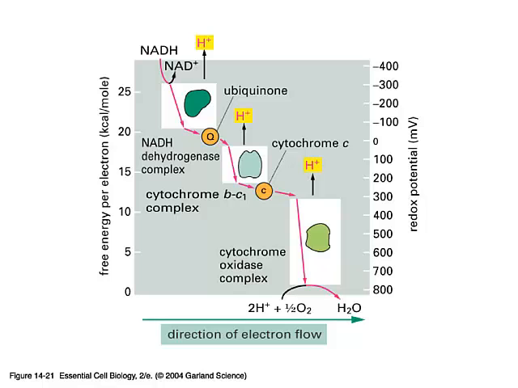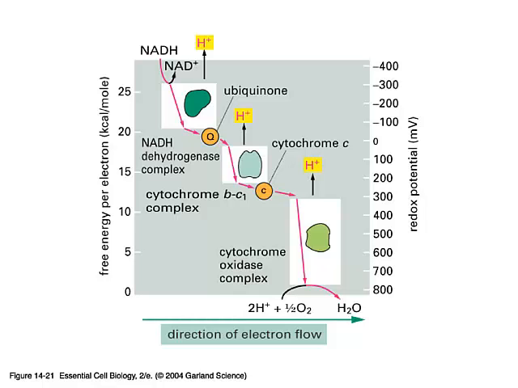Okay, so what's really happening at each of these steps? Well, the first complex is NADH dehydrogenase, an enzyme that receives electrons from NADH. And in the process, NADH is reduced to NAD, and then protons are pumped thanks to a channel protein in this complex that changes conformation, using the energy of the electrons.